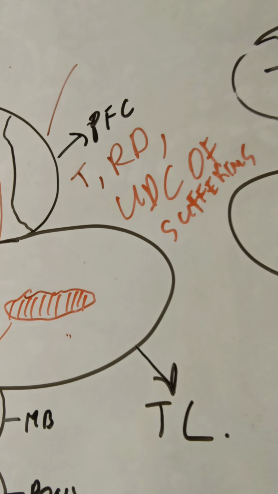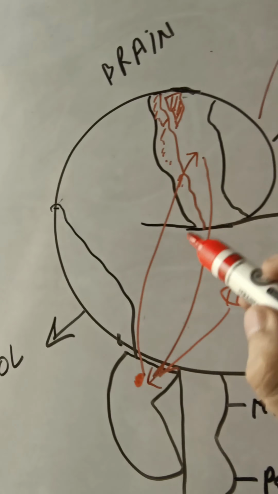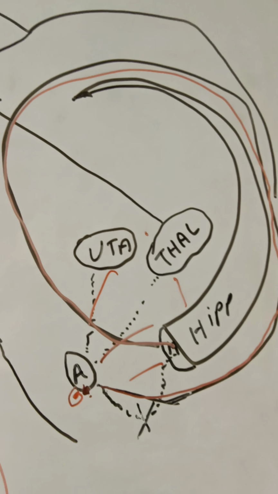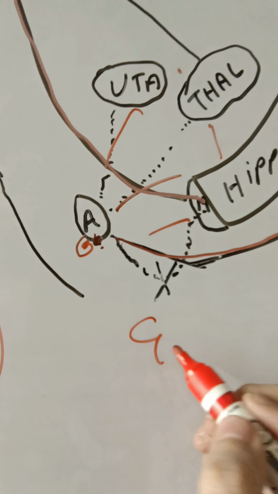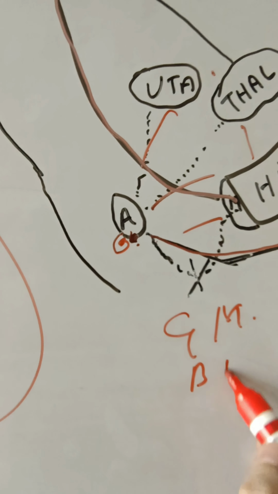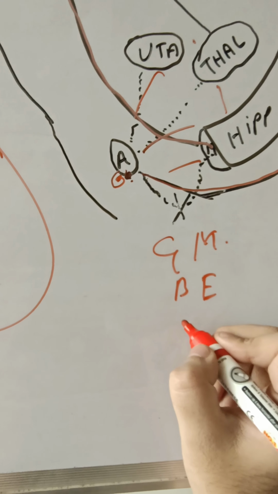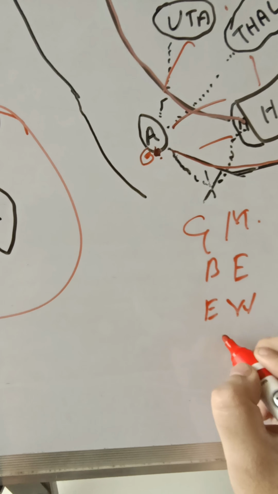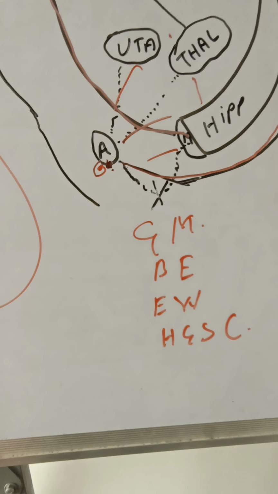This is the only way that you can come out of it, is to calm this part of the limbic system. Calm this limbic system down by, I write it down here, guided meditation, breathing exercises, and by eating well and having a good sleep cycle.